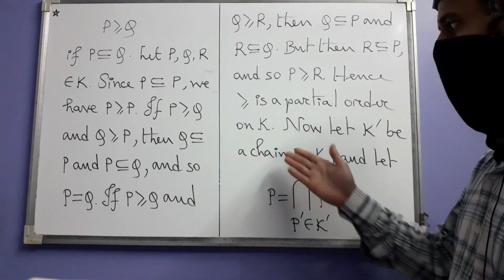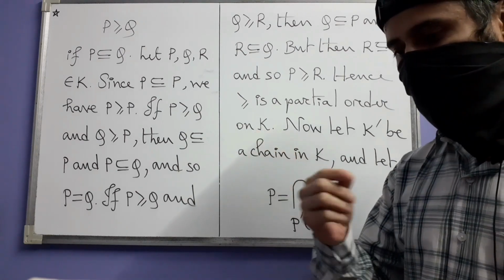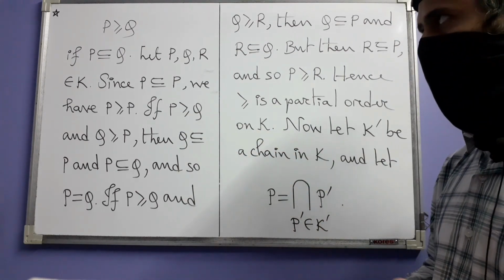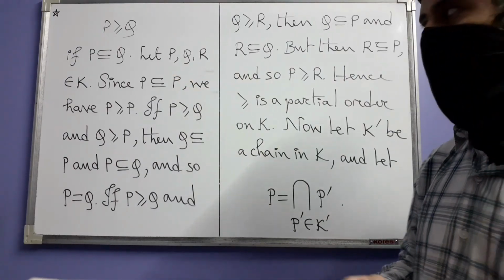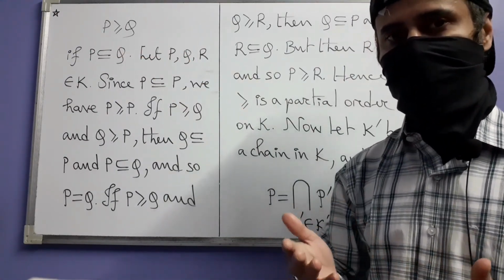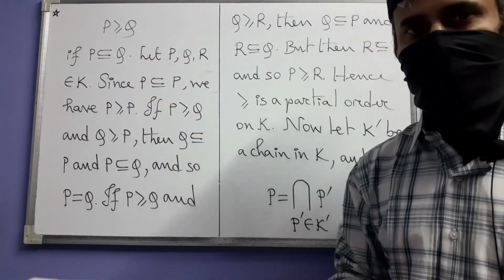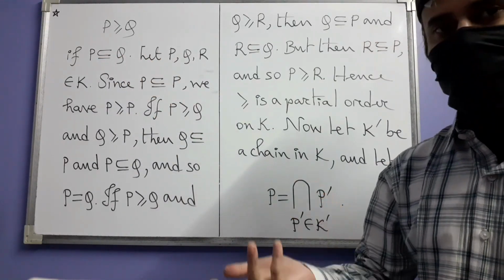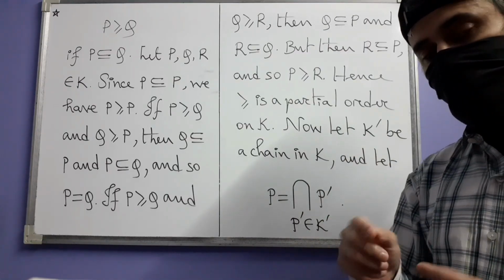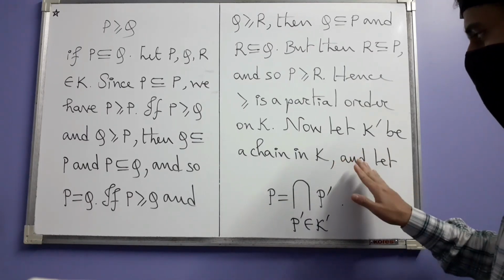That means, in a general partially ordered set, if you choose any two elements, they may not be comparable, which you can see here for yourself. If you just arbitrarily choose two prime ideals, it's not necessary that one of them is a subset of the other. None of them may be a subset of the other. However, in a chain, any two elements are comparable. So K prime is one such chain.